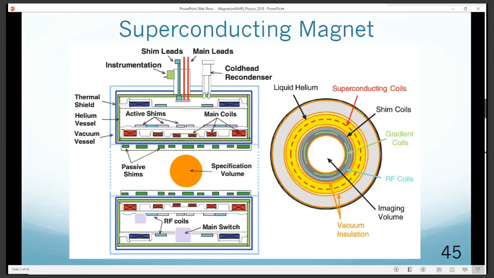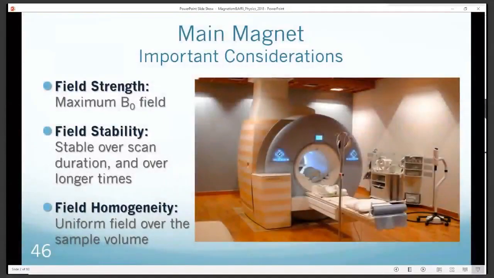So if you look at this other cross section across the end, you have your superconducting magnet coils in the middle, immersed in liquid helium with shim coils. Then inside the bore of the magnet, you have the open bore of the magnet, you have the gradient coils and the RF coils. Now this is what the magnet looks like.